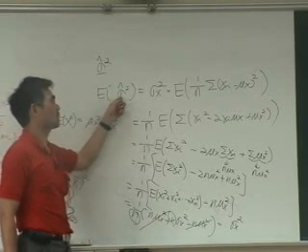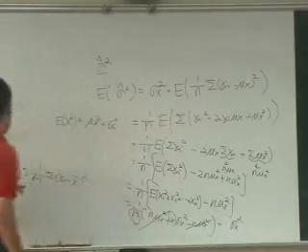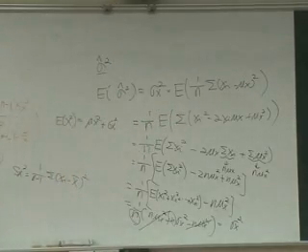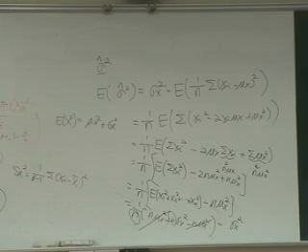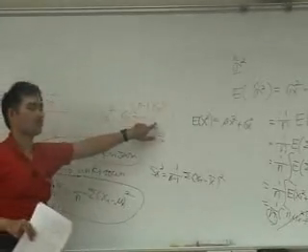And what is sigma hat squared? It is equal to this here. So now you know that if the population mean is unknown, the interval estimation for the population variance is like this.